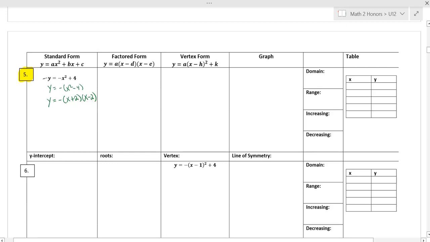Also, we can grab the y-intercept here, plug in 0 for x, and we end up with 4 for y. So 0, 4. I'm going to write factored form over here.